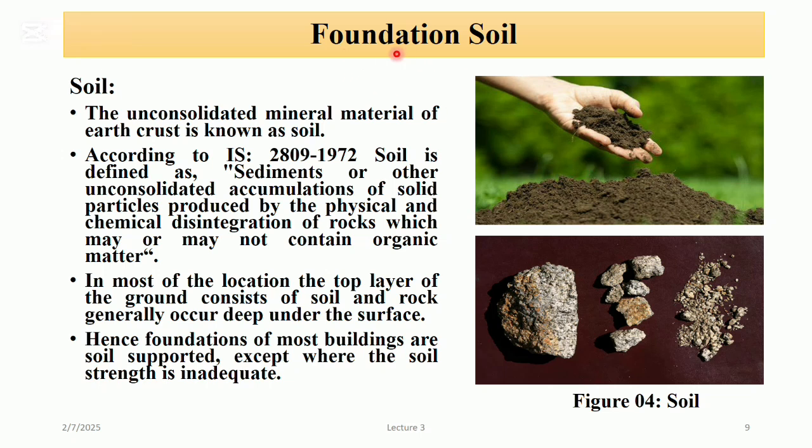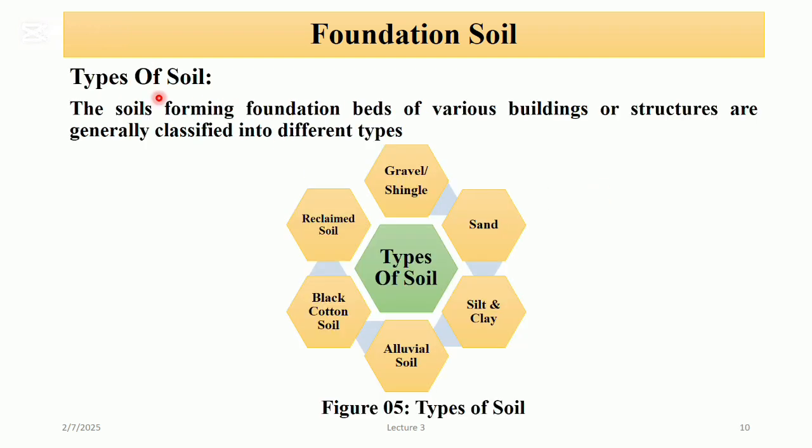Foundation soil. We can simply define soil as the disintegration of rock, or we can say that the unconsolidated mineral material of the earth's crust is known as soil. Types of soil. There are different types of soil, such as gravel and shingle. This type of soil consists of particles of coarse material resulting from the disintegration of rock.